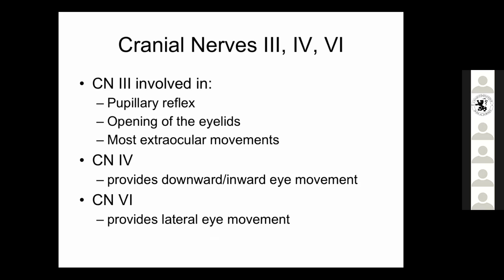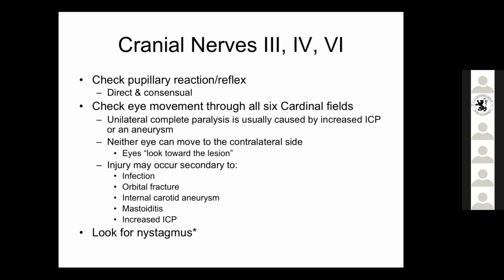You ask the patient to move their eye inwards and downwards, and if they cannot, it suggests a cranial nerve 4 lesion. For cranial nerve 6, which provides lateral eye movement, you ask the patient to move their eye laterally, and if they're able to do so, it suggests an intact cranial nerve.